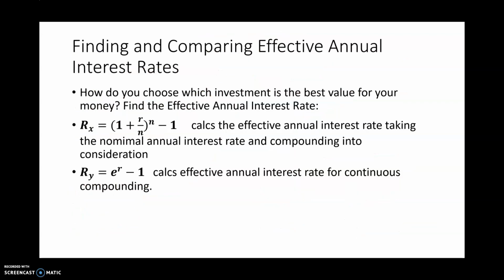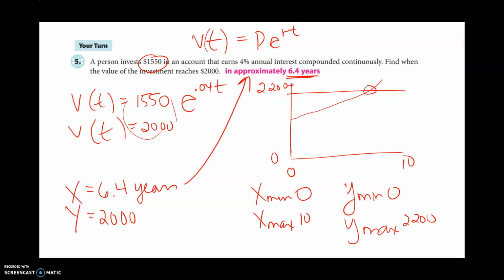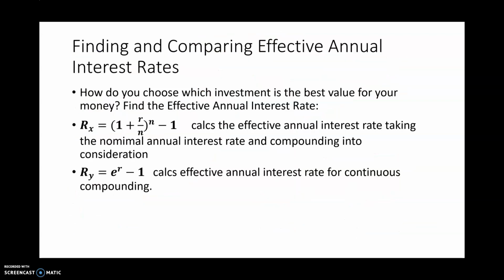All right, so we've talked about compounding once a year, annually, compounding more than once a year, semi-annually, quarterly, etc., and compounding continuously, right? Now, what if you get in a situation where you have to compare different investments?